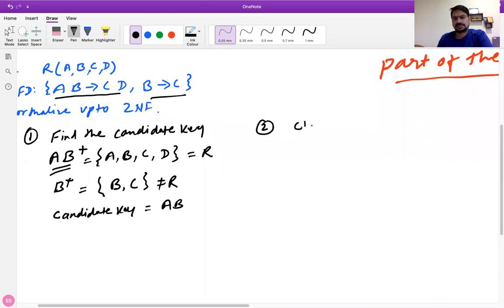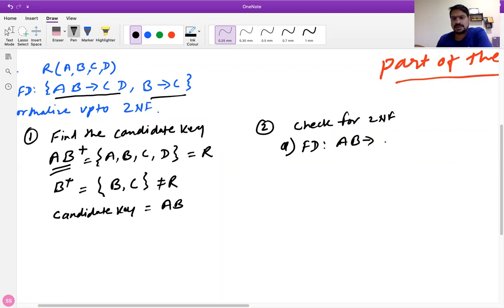Now, if we got the candidate key, the second step would be to check for second normal form. Okay. So what the second normal form says is that there should not be any partial functional dependency. For that, we'll check the first functional dependency. What is that first functional dependency?